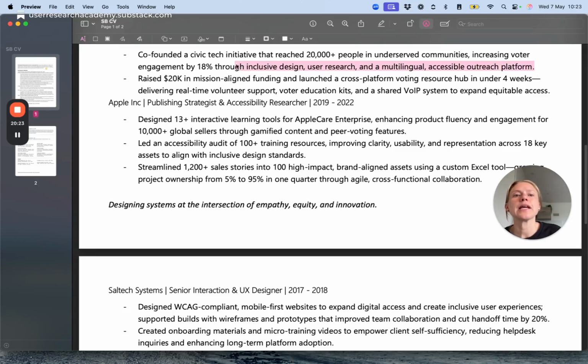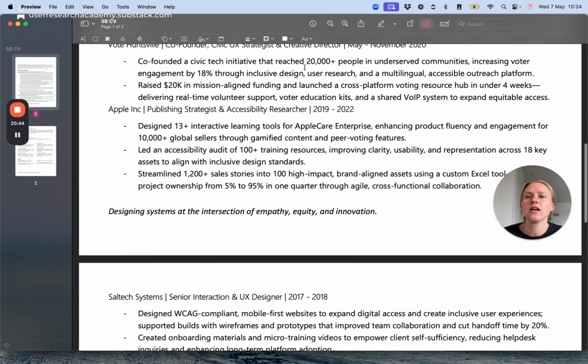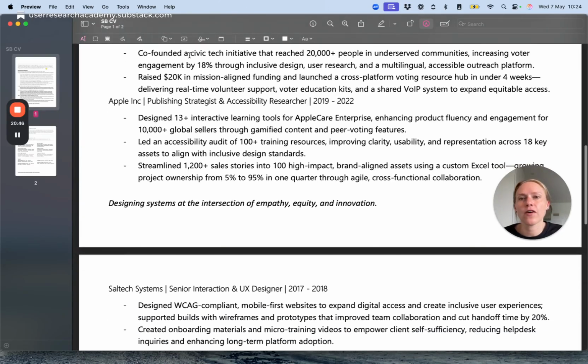Okay, so interesting. This is great, but you've shoved everything into one. I would say, what do you want to highlight here? Is it the user research? Because then, instead of co-founded a civic tech initiative, you're a co-founder here, so you don't really need to worry about that much.